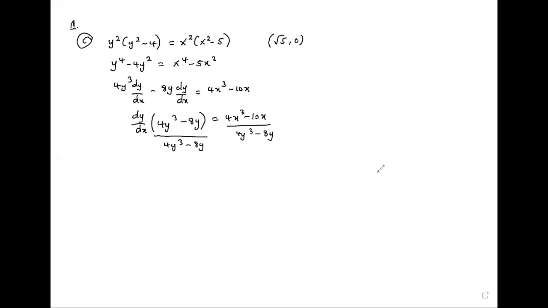After you get here, then dy/dx is going to be (4x^3 minus 10x) over (4y^3 minus 8y). Then substitute (root 5, 0).